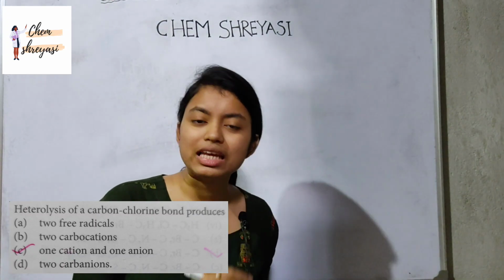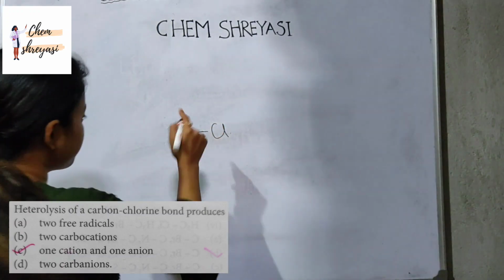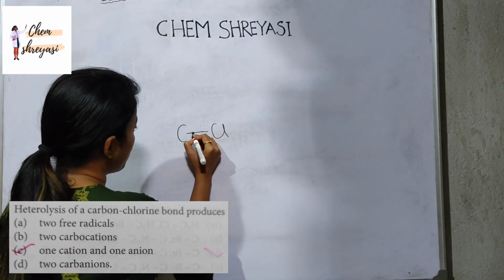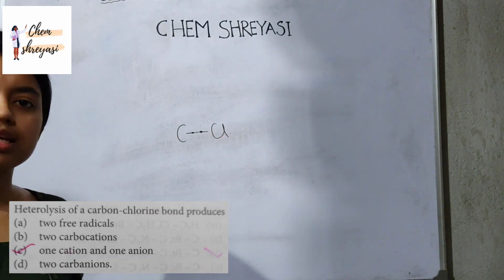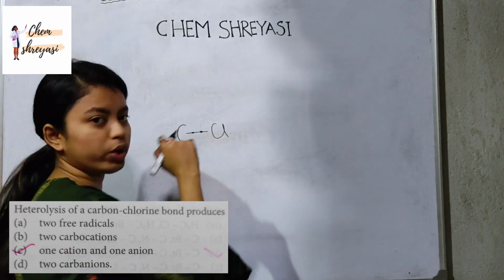When there is a bond between them, we already know that chlorine is much more electronegative than carbon. So definitely it will generate a polar bond because the electron involved in this bonding will be much more pulled by this chlorine.